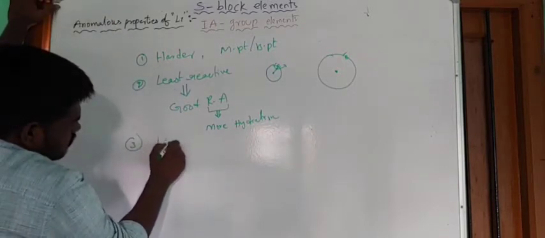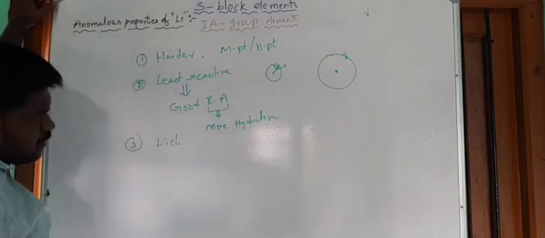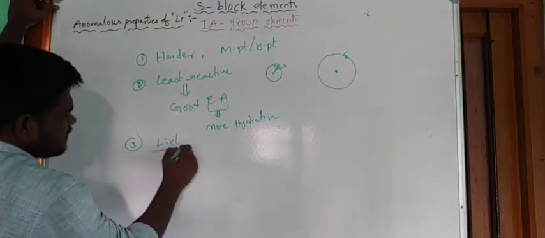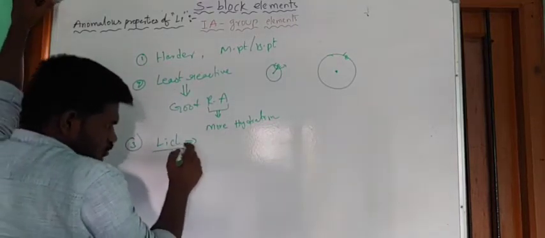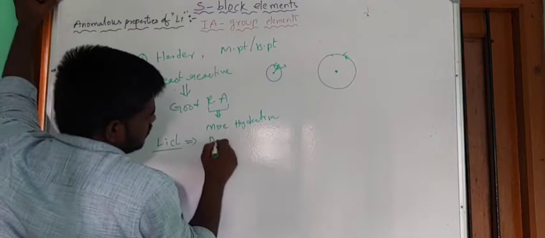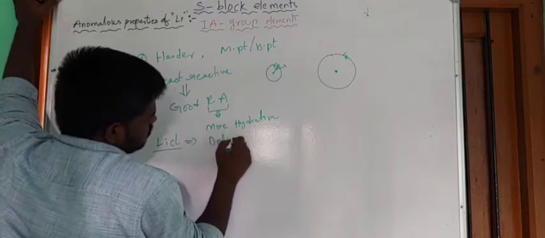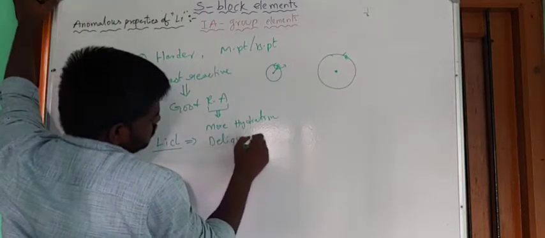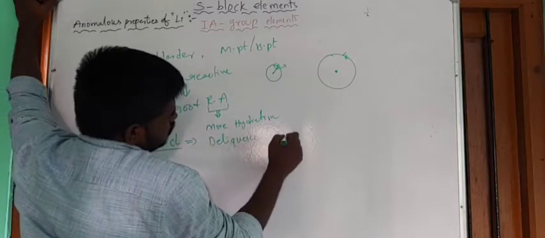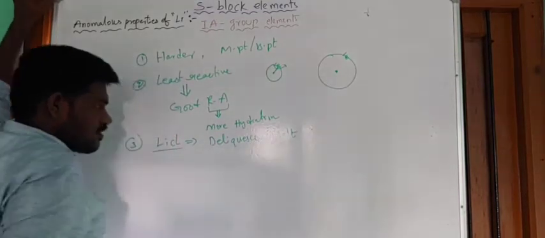Okay, and next, the third one, LiCl, lithium chloride. This LiCl is known as a deliquescent salt.